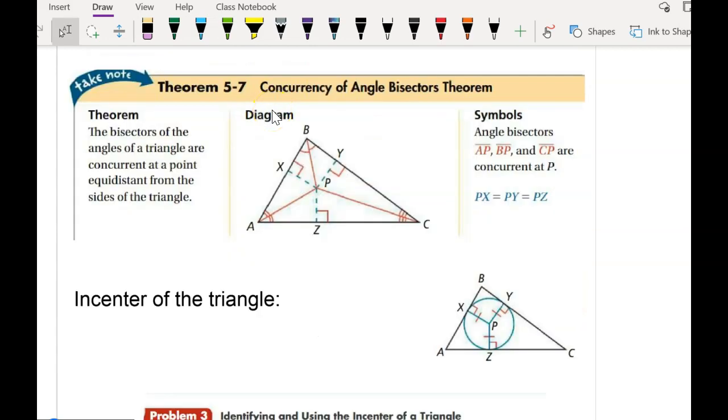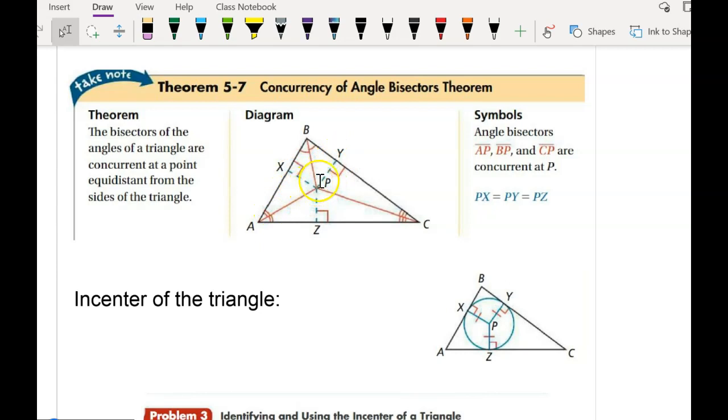So now we're going to take a look at Theorem 5.7, concurrency of angle bisectors. The bisectors of the angles of a triangle, noted in red, are concurrent at a point that is equidistant from the sides of the triangle.